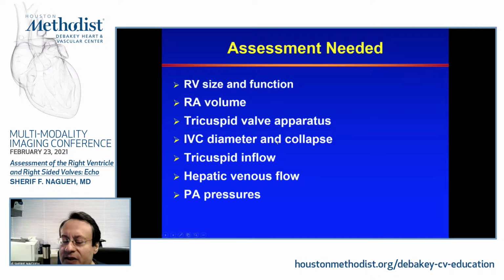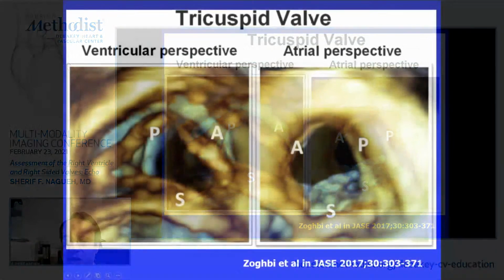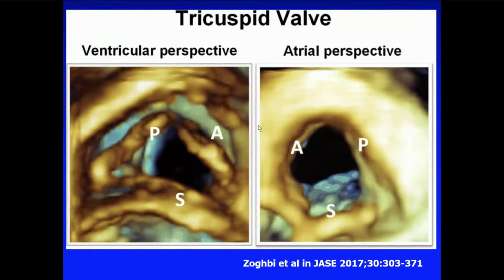We want to look at estimates of right atrial pressure. We look at the tricuspid inflow peak E velocity. We look at hepatic venous flow, and we look at PA pressures for clues whether this is a secondary TR with pulmonary hypertension.